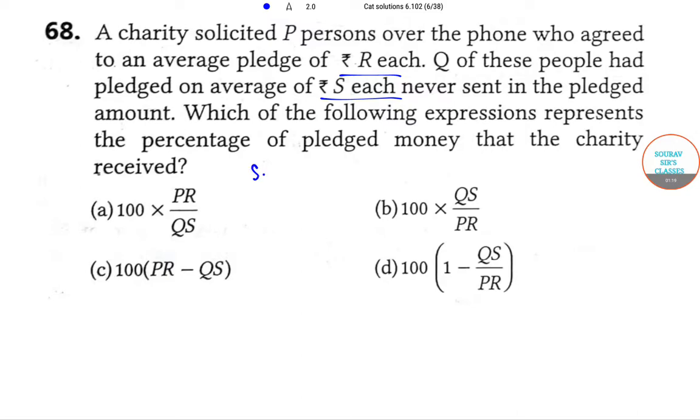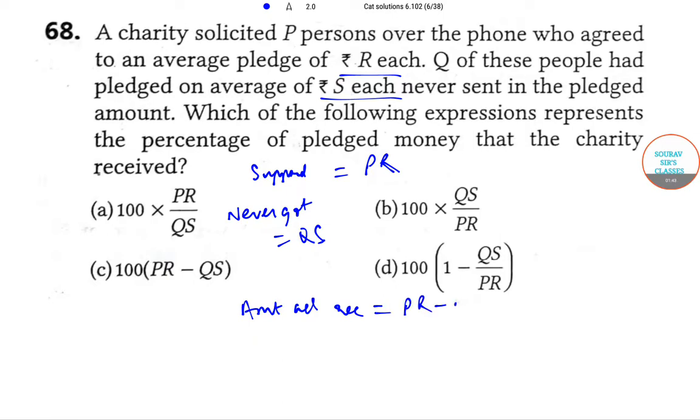So the total amount supposed to be received was PR. The amount which we never got is QS. So the amount actually received is equal to PR minus QS.